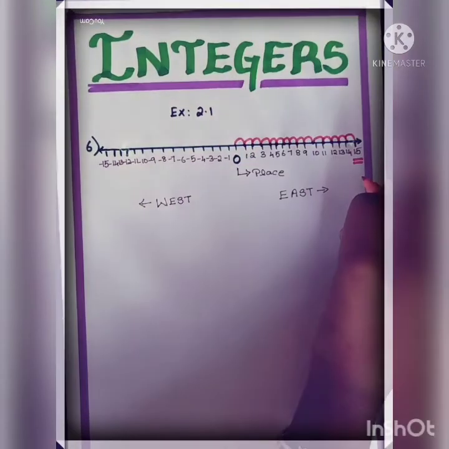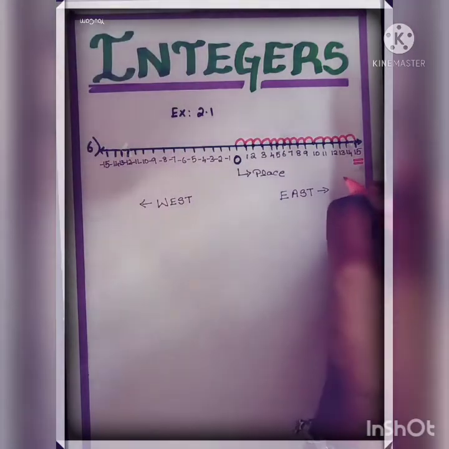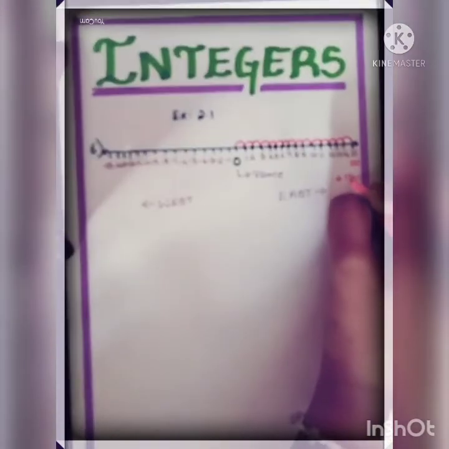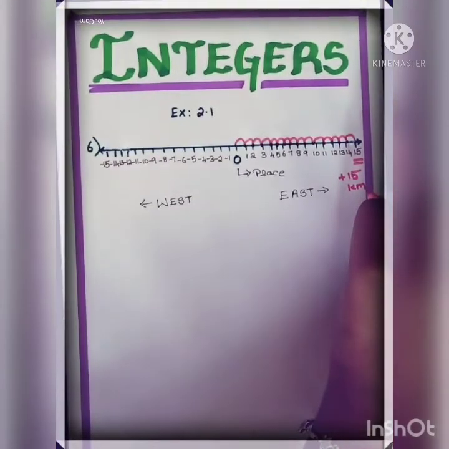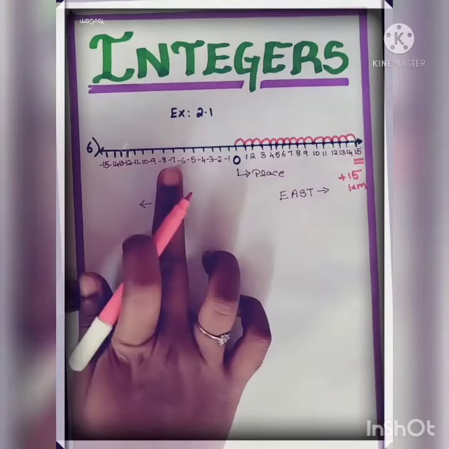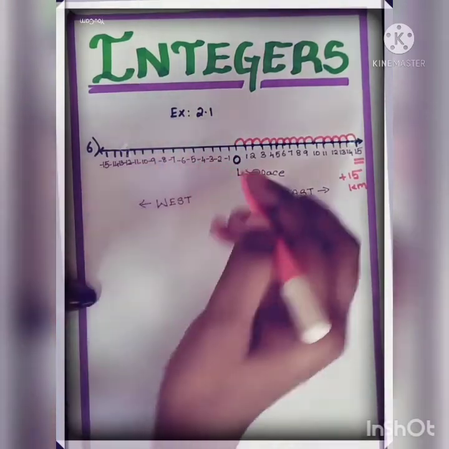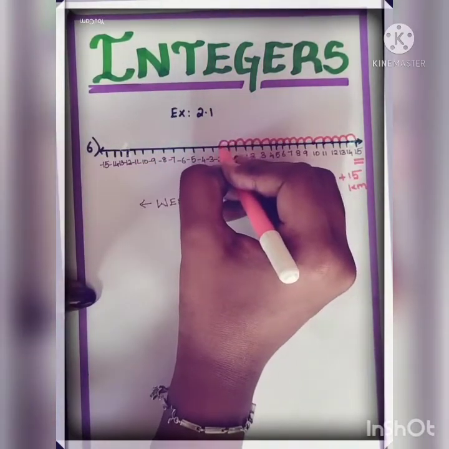The positive integers are on the eastern side of the number line, and the negative integers are on the west side of the number line. In the question, it is given that 15 units to the east or the right side of the number line is plus 15 km. And we are asked to find 15 units to the left of the number line, that is, the west side of the number line.